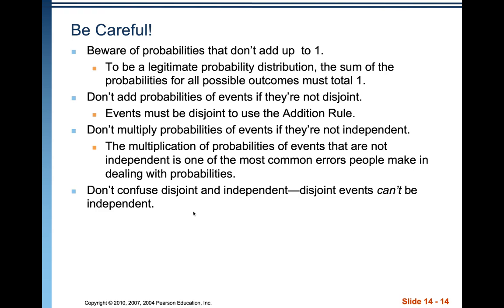We'll learn how to correct for overlap next time. And don't multiply probabilities of events if they're not independent. We'll talk about how to find analogous probabilities next time for events that are not independent. Don't confuse disjoint and independent. Remember, disjoint events can't be independent.